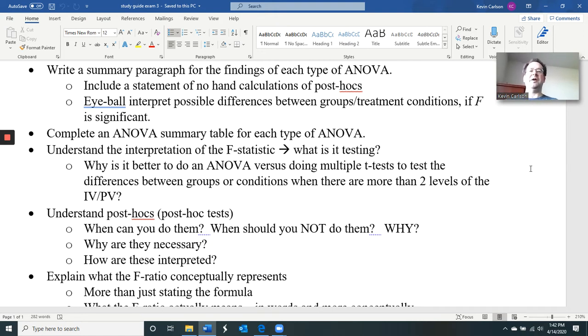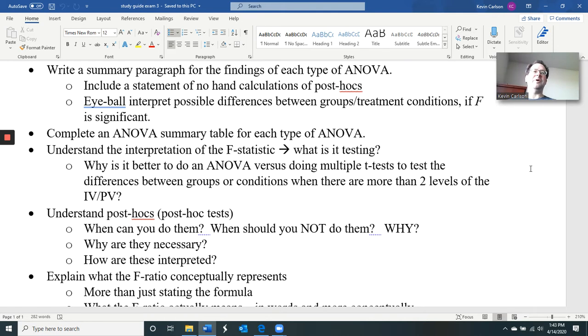The summary paragraph starts off with reference to see table 1 for the descriptives, see table 2 for the ANOVA summary table. So that's the start of it. Then the next sentence is the statement about whether the variables relate based on the F test. So, color affects ratings of attraction.